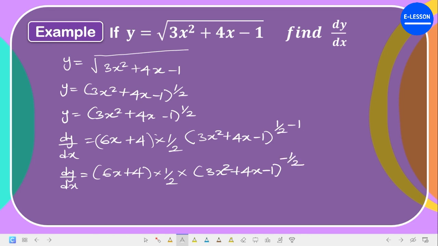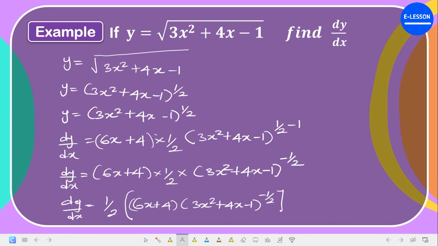If you take this half out, this gives us dy/dx is half of (6x plus 4), then the bracket 3x squared plus 4x minus 1, everything raised to the power of minus half.